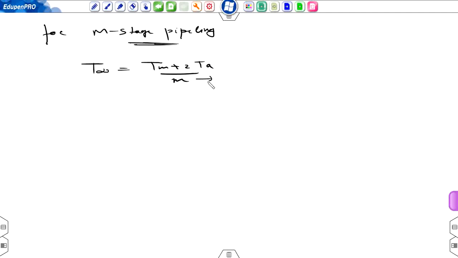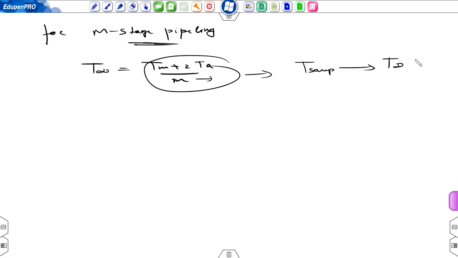Okay, so this can be the possible sampling rate. So T sample can be reduced up to T infinity by appropriately pipelining the FIR part and retiming the IIR part.